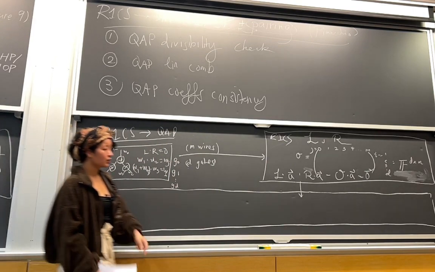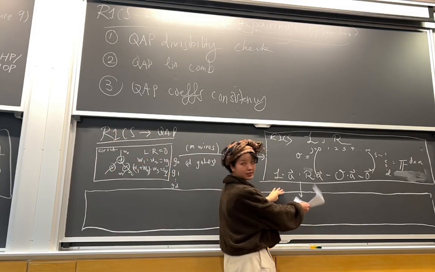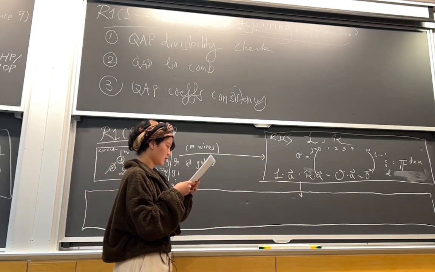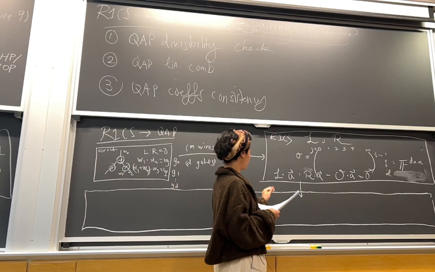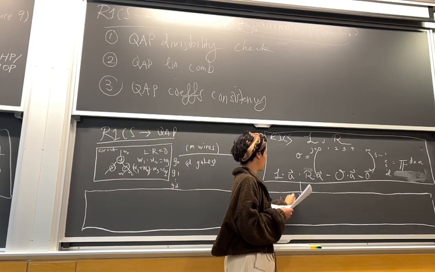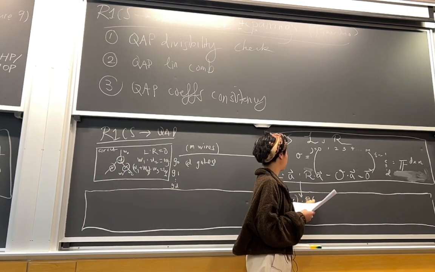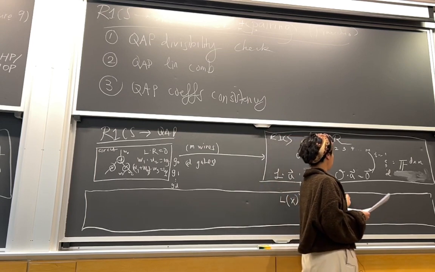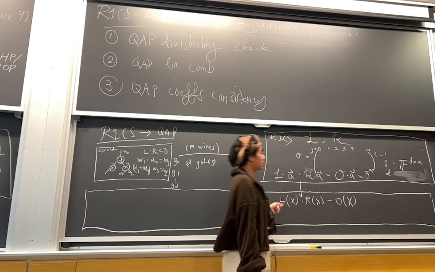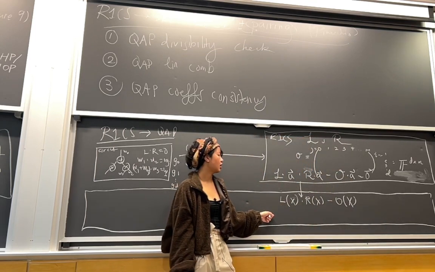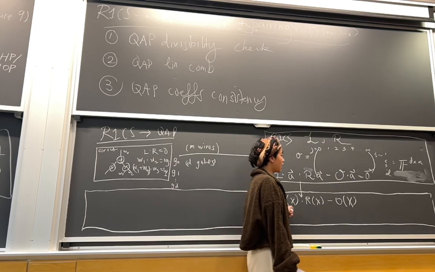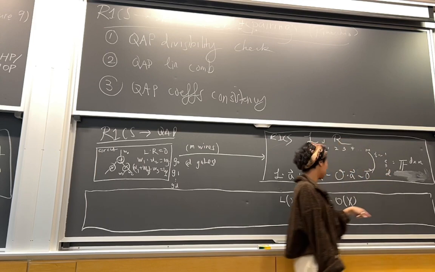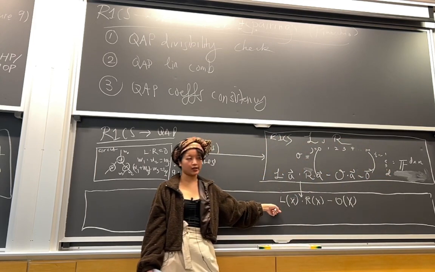And our last step to convert from these matrices into a polynomial identity, we basically end up with a polynomial identity L(x) times R(x) minus O(x) that should evaluate to 0 on all i in D. So on all gates, this polynomial identity should evaluate to 0.